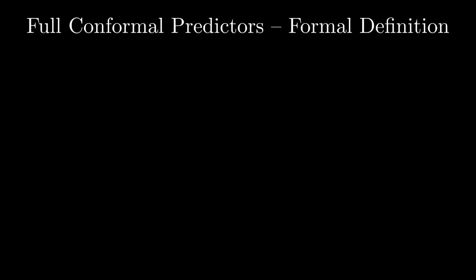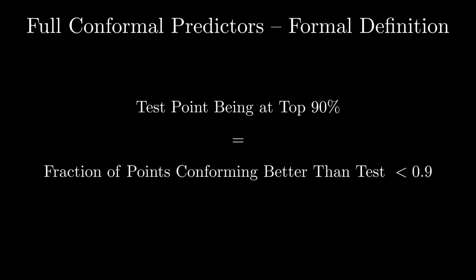We are finally ready to put forward the formal definition of full conformal predictors. First, note that the test point being at the top 90% of the ladder, as we previously discussed, means that the fraction of points that conform better than the test point is less than 0.9.